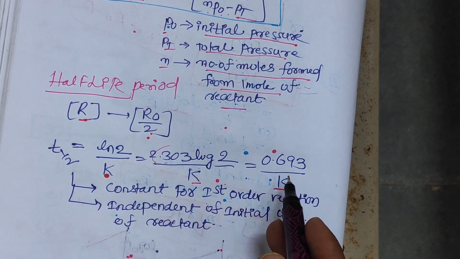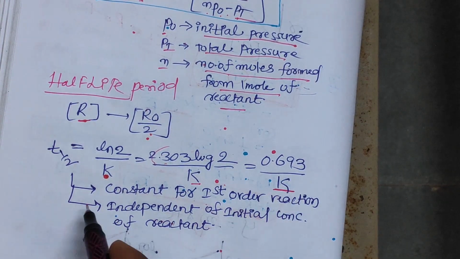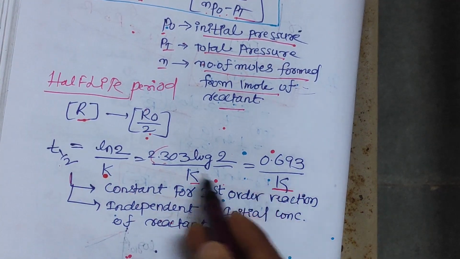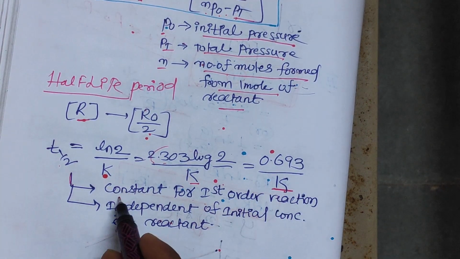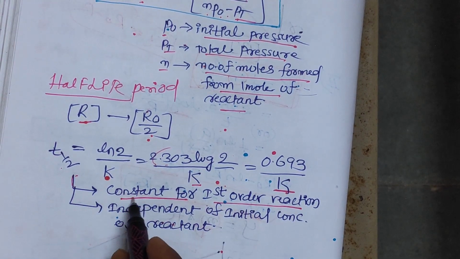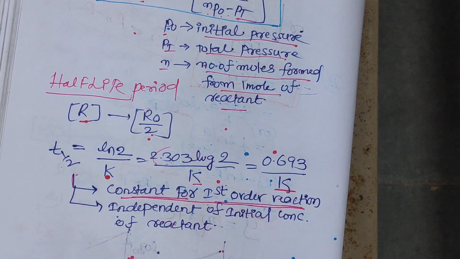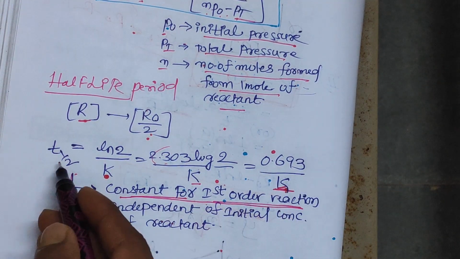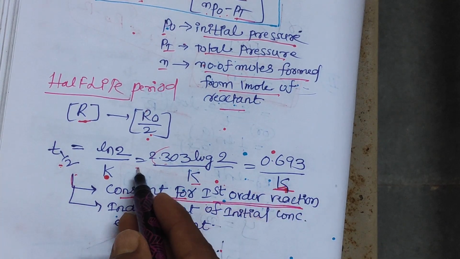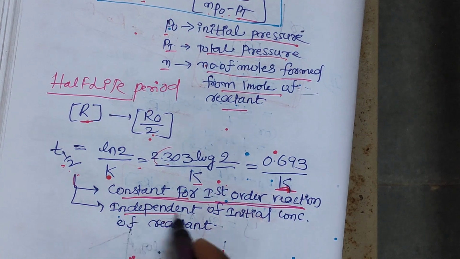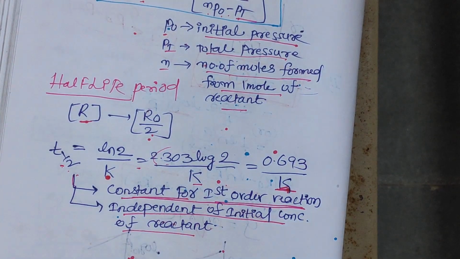So listen, t half is inversely proportional to K. It means it is constant for a first order reaction. t half is always constant for a first order reaction. K is constant, so whatever the initial concentration may be, t half will be the same constant. It is independent of initial concentration of reactant.